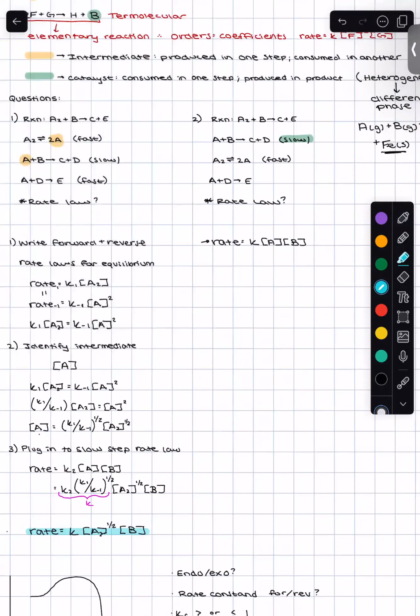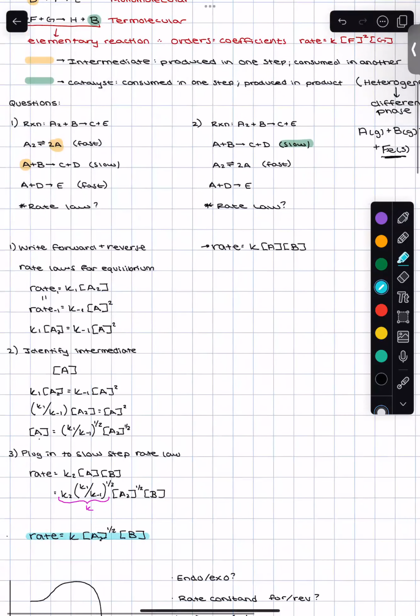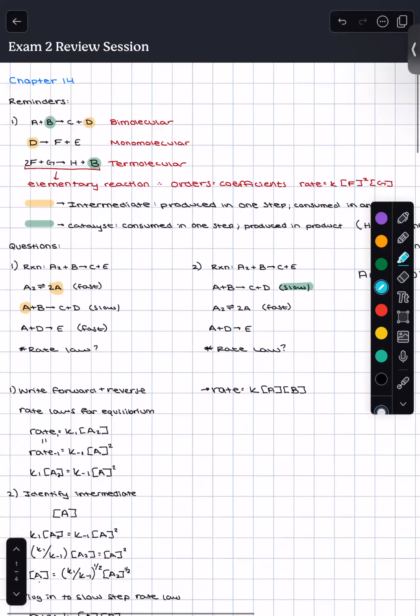Does anybody have any questions about how we figure that out? Sweet. So yeah, on your exam, the only kind of questions that I would expect them to ask you regarding this stuff is to identify the stuff we talked about up here, with things being intermediates or catalysts, or maybe identifying one of these terms.